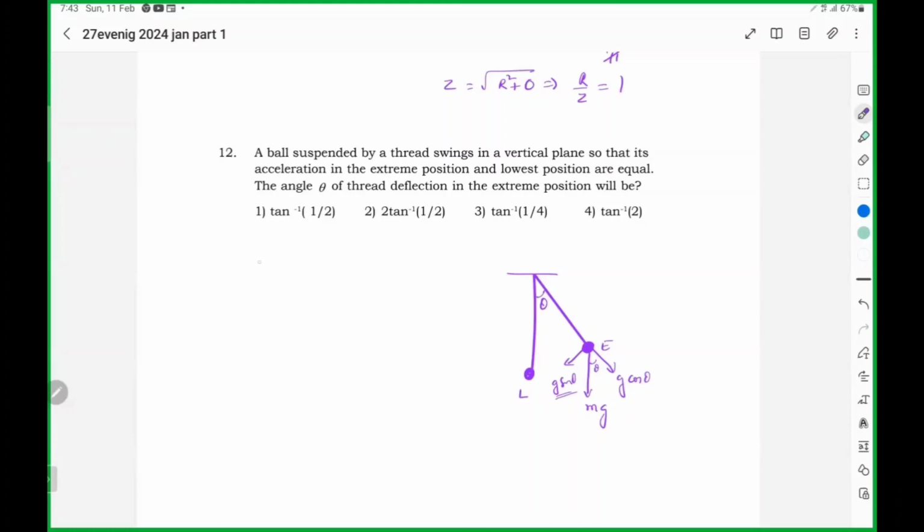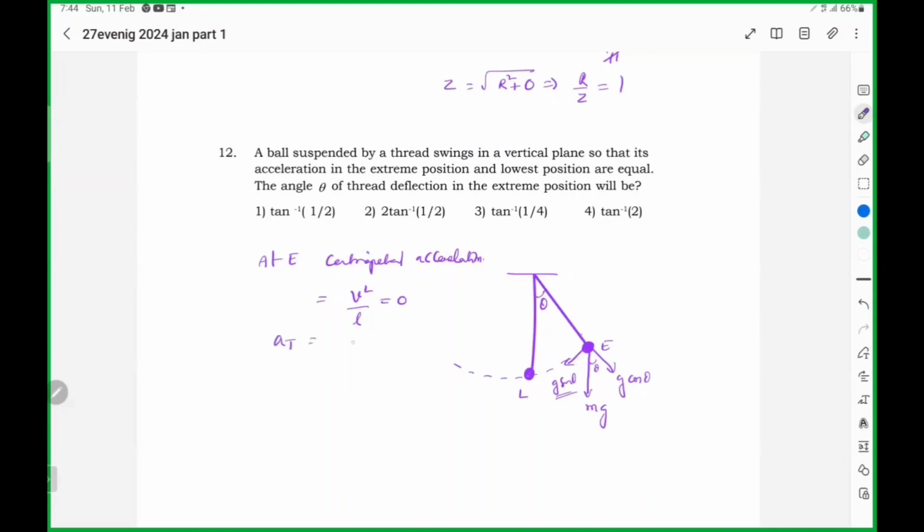Now at E, the centripetal acceleration, since this is a circular path, is v square by L. That is 0 at this point.